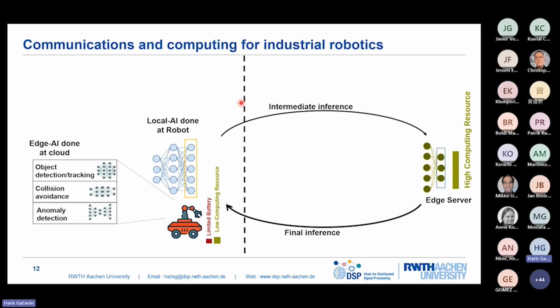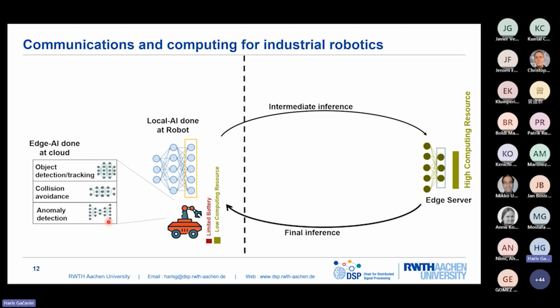We have this split: the left side means the physical location-based processing and communication, and the right-hand side is this edge cloud or communication network supporting this use case. So what is happening? We have AI on the edge, cloud, and devices. So either in the cloud or on the device, we have, for example, object detection, collision avoidance, anomaly detection.